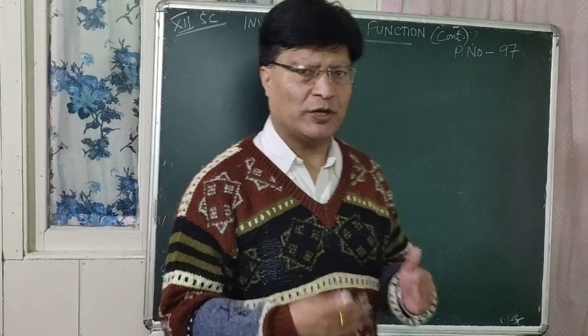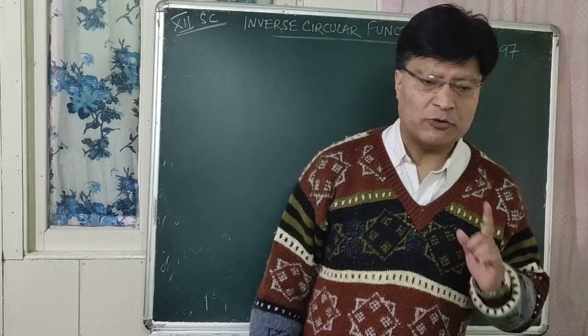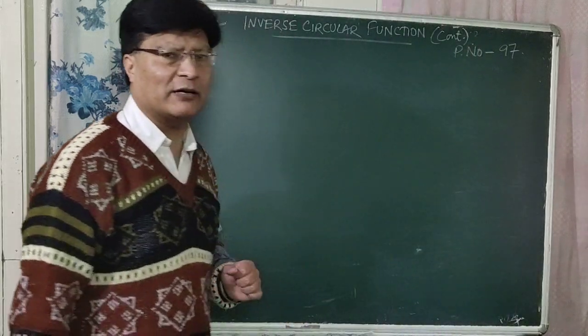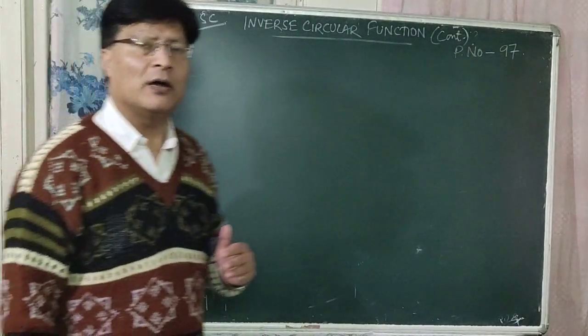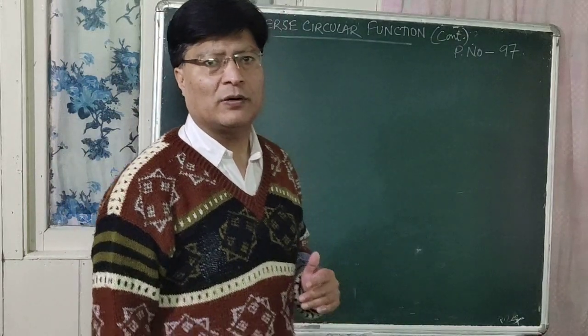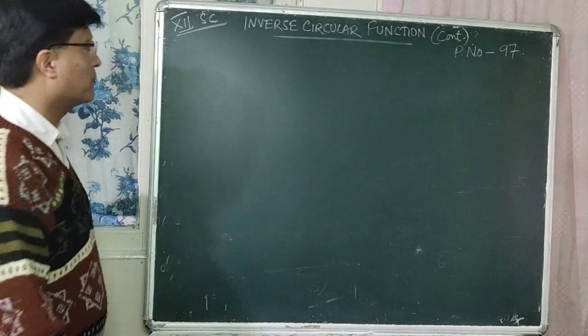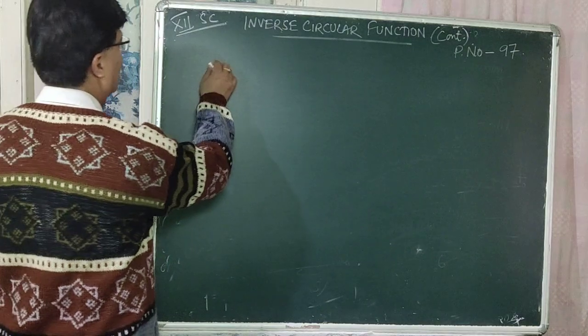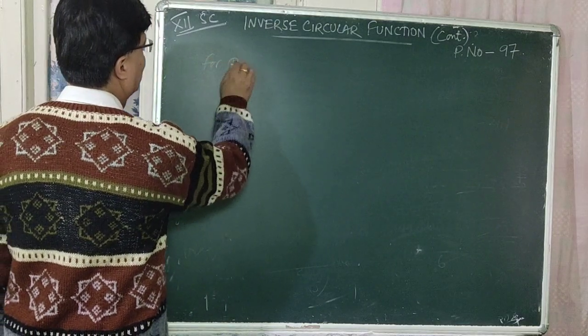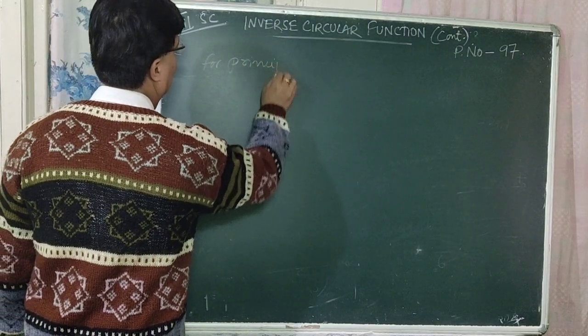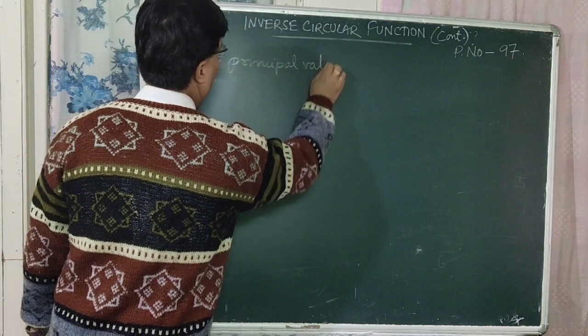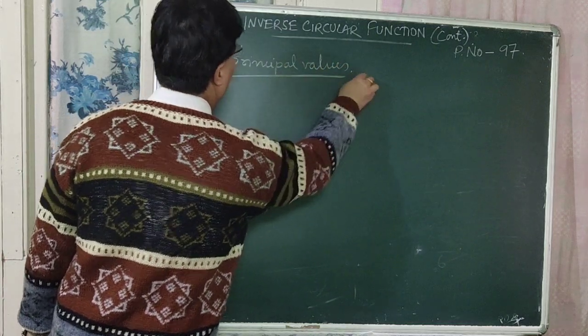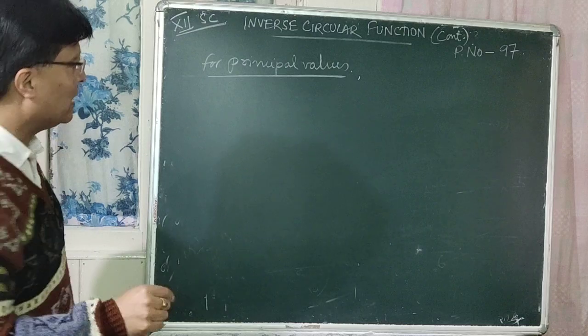If you know this formula, it will be easier for you to find out the principal values of an inverse circular function, right? So for principal values, these formulae may be used.